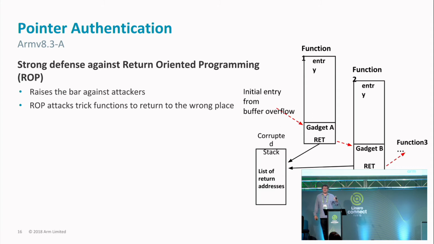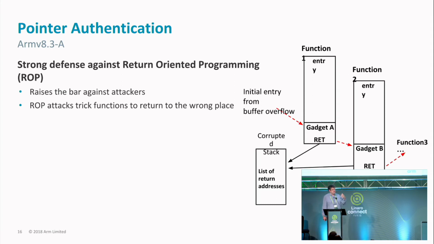So memory tagging is all about detecting vulnerabilities and trying to help stop allowing an attacker in. But let's assume an attacker is going to be able to find a way in. What can we do to help prevent that attacker having an exploit, having a large surface of exploits available? So in 8.3, we introduced pointer authentication.